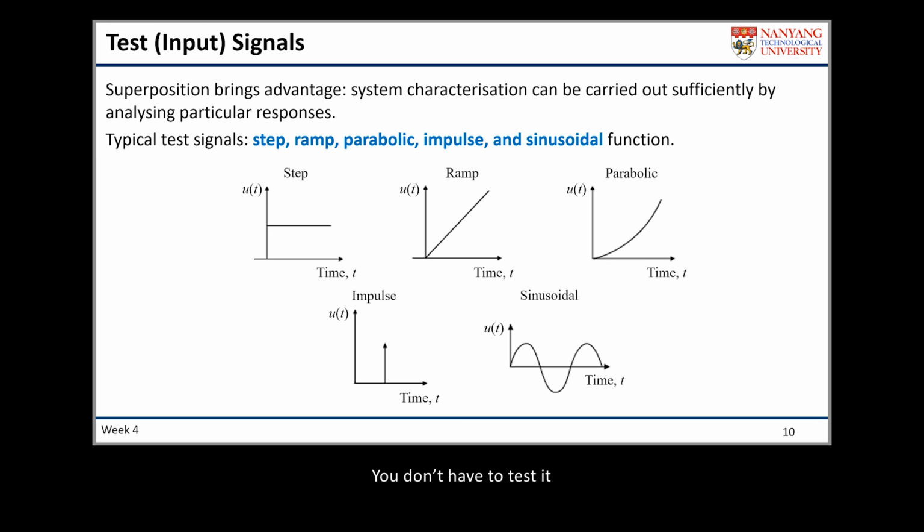You don't have to test it with any arbitrary signals. You don't have to test it with a random signal. You just need to test it with these simple signals. Let's call these simple signals the test signals. So in short, if you are going to assess the performance of a dynamic system, you just need to use these five test signals.